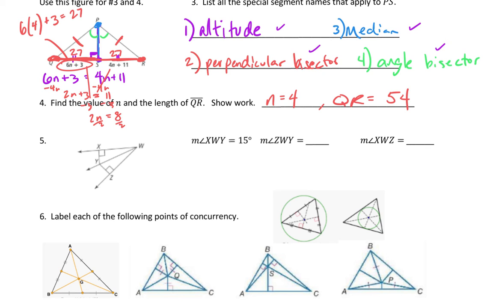Cool. Up next, it says that XWY, so that's the angle XWY, that starts at X, goes to W, and then through Y, is 15 degrees. What's ZWY? Well, hopefully you recognize that WY is an angle bisector.